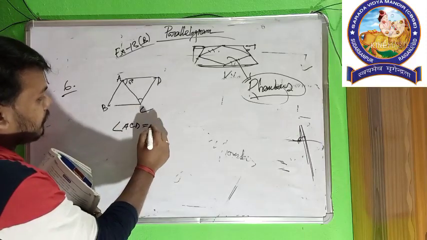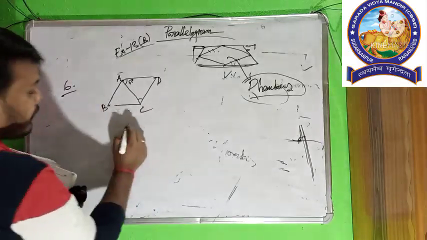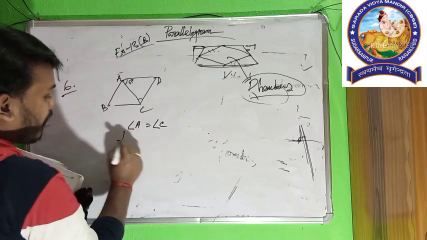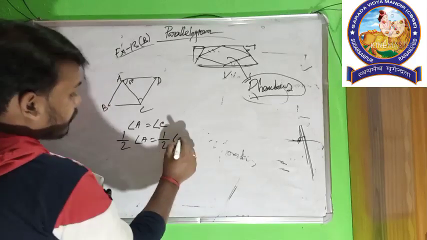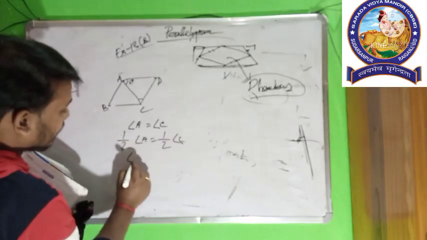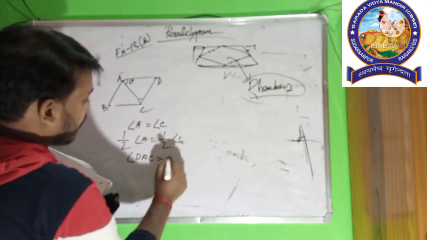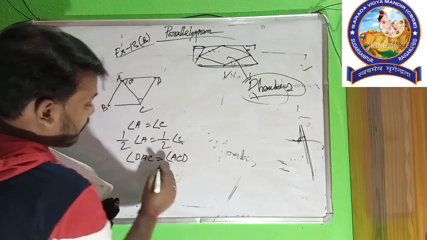Okay, you can think in this way. Angle A equal to angle C, opposite angles. So half of angle A equals half of angle C. Half of angle A means angle DAC, half of angle C means angle ACD. Then ACD and DAC are equal.